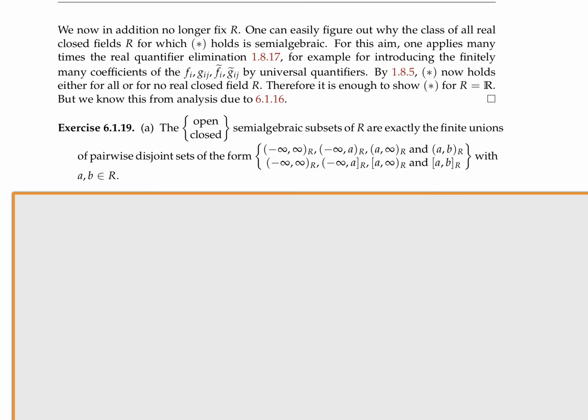And so now an exercise on the order topology on R. The open and closed semi-algebraic subsets of R are exactly the finite unions, well, in the case of the open semi-algebraic sets, finite unions of pairwise disjoint sets of this form with a, b in R. So that's an easy exercise.